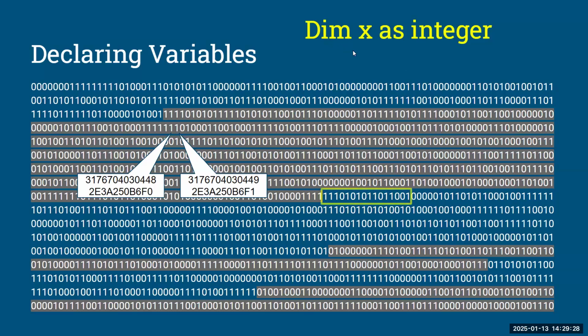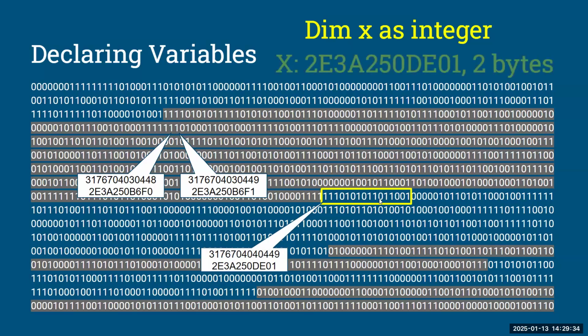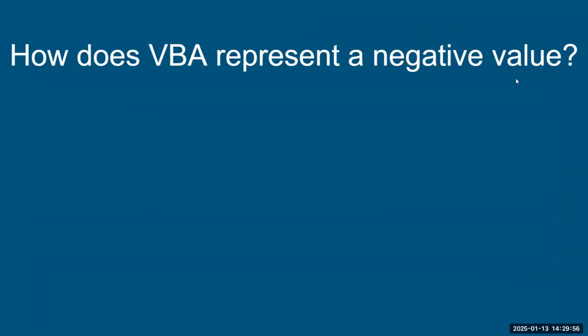So if we dim x as an integer, it's going to say, okay, here's the location of this variable in memory, and x has this location. And it's going to reserve 2 bytes of memory. That's what happens when we run this line in VBA. It gives us a location and how much memory it allocates. Isn't that interesting?